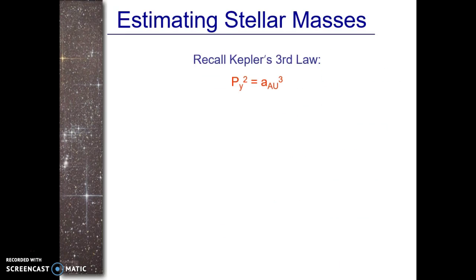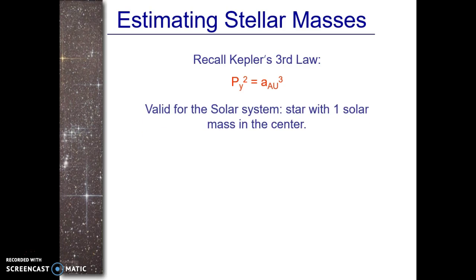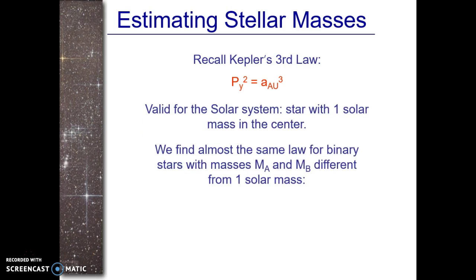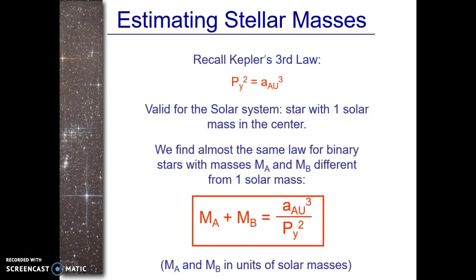So, estimating stellar masses, we use an equation similar to Kepler's third law. If you remember Kepler's third law, it was the orbital period squared, with time in years, equal to the cube of the distance, which was in astronomical units. For our solar system we were able to use that equation because the equation on the bottom here is the one you would actually use.